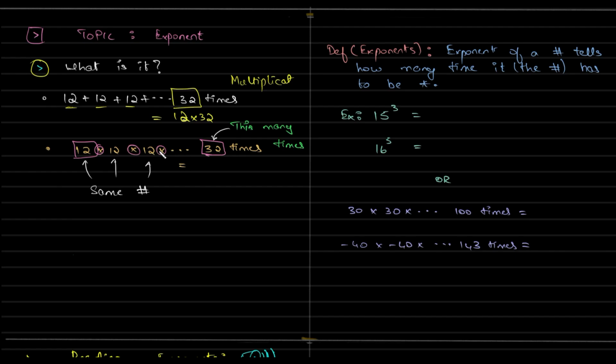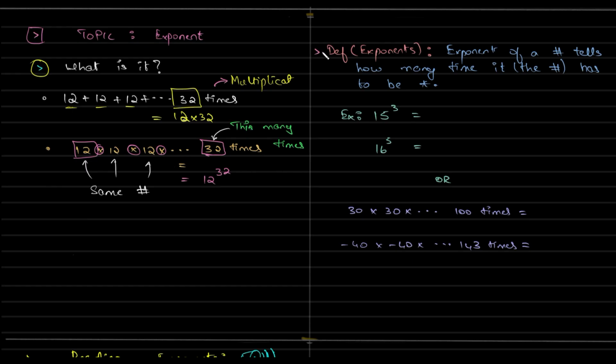So we need a representation for that as well. So that representation is done with the help of exponents, wherein we write 12, and to indicate that it's being multiplied 32 times, we're going to write 32 over here at the top. Right? So repeated addition is dealt with multiplication and repeated multiplication is dealt with exponents.